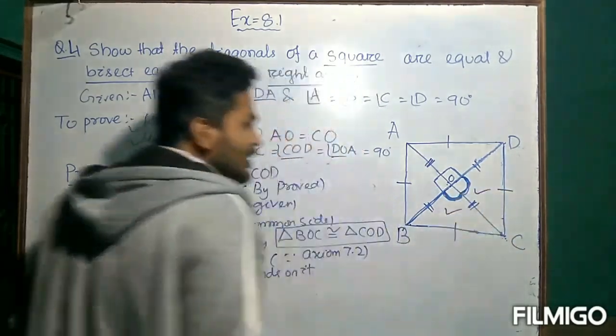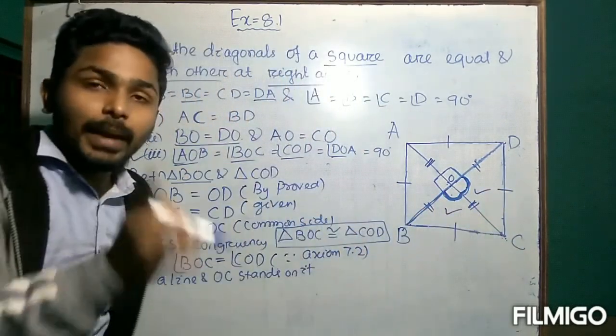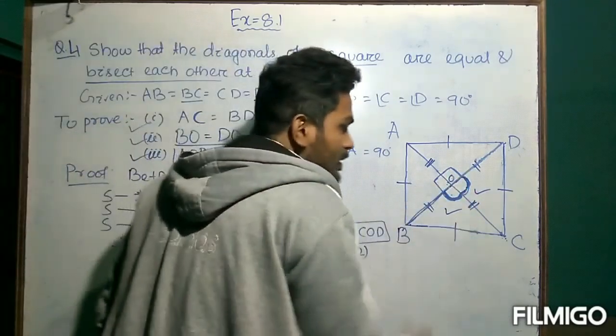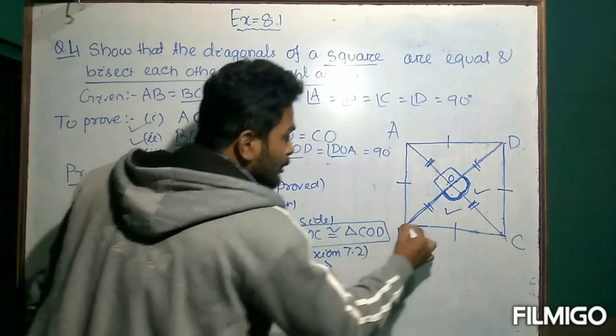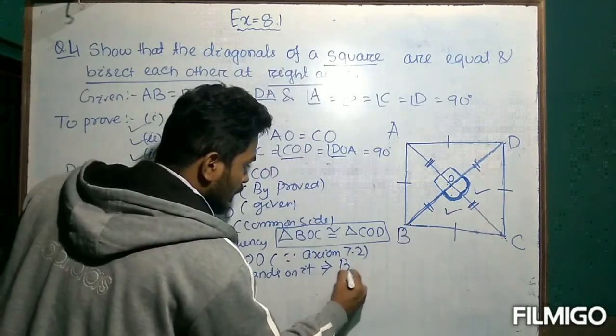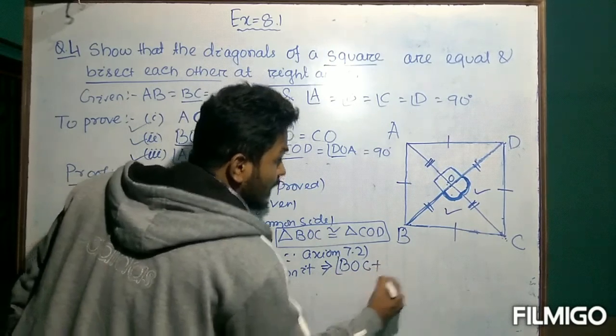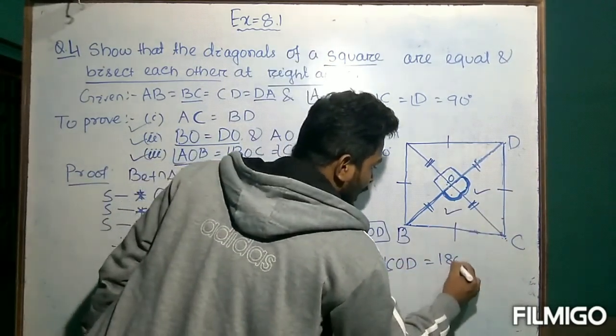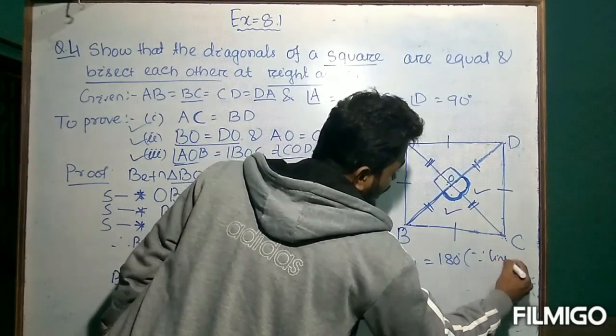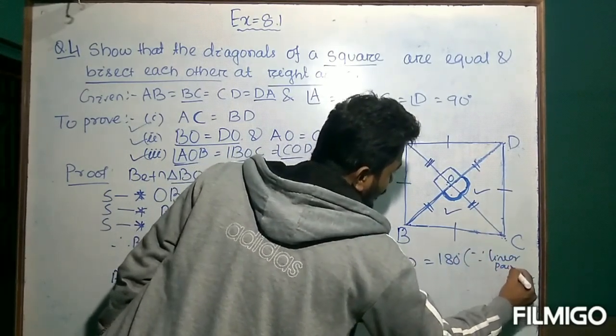They form two angles, and these two angles are known as linear pair angles, and the sum of two linear pair angles is equal to 180 degrees. So we can write, implies BOC plus COD is equal to 180 degrees because they are a linear pair.